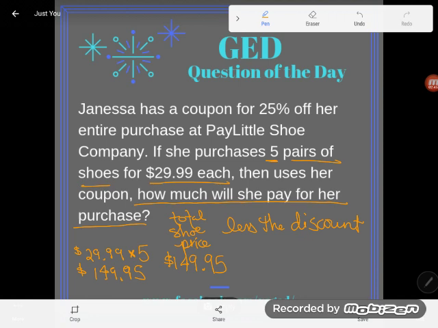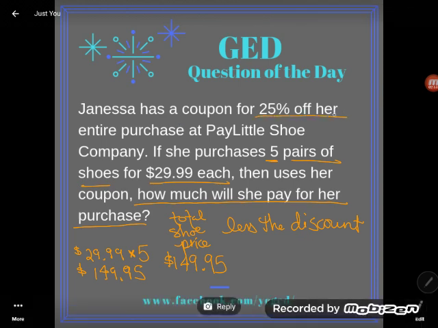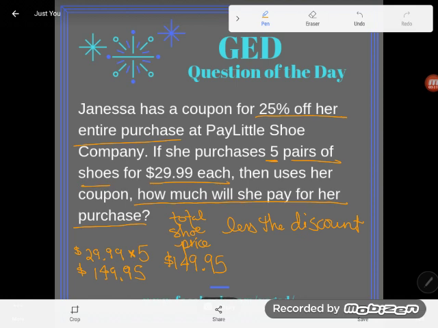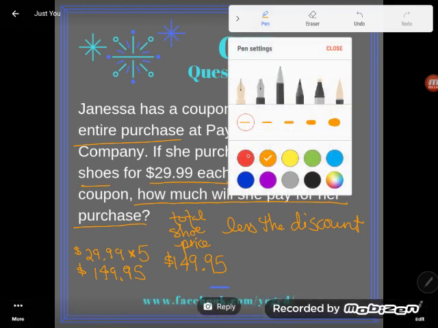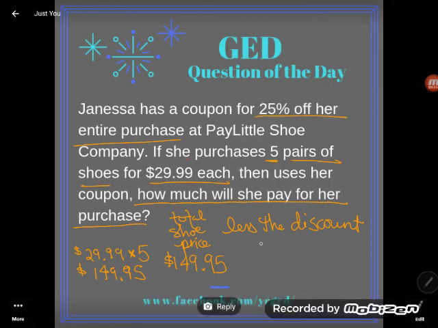So now we need to go less the discount. Now, I have an issue with students. I love you guys, but you do something really silly when it comes to percents. Let me show you what I mean. Notice that it says Janessa has a coupon for 25% off her entire purchase. So basically she's going to get a 25% discount. Now I'm going to grab a red pen because this is the mistake that most students make. Most students go, hey, 25%.